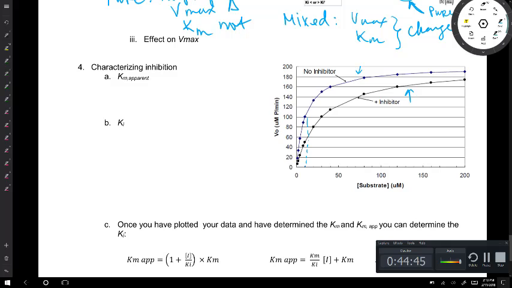It looks like it's also approaching, let's see, maybe around 180, so maybe down to 90. So our Km is going to be different here. And so this would be our Km apparent.